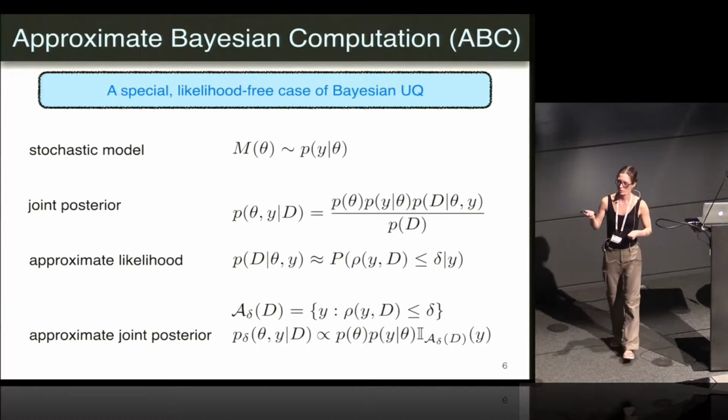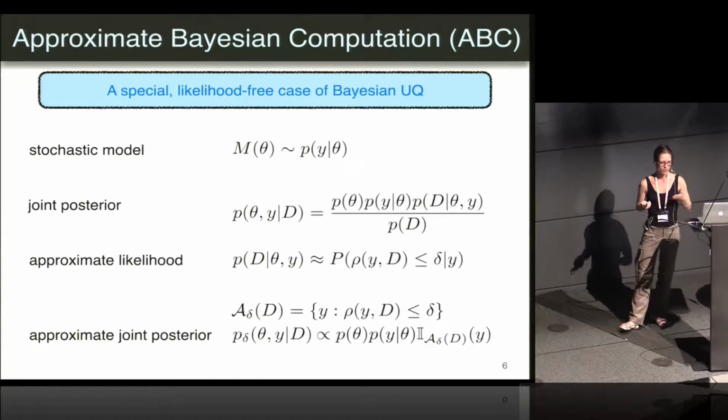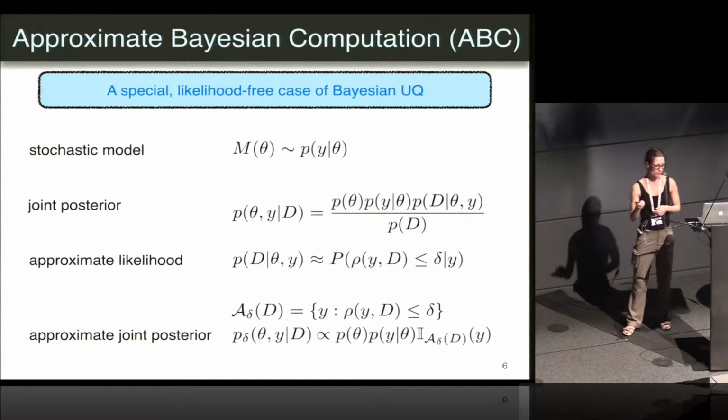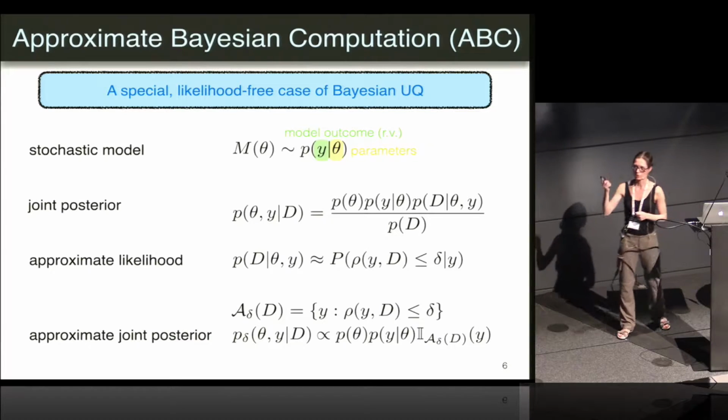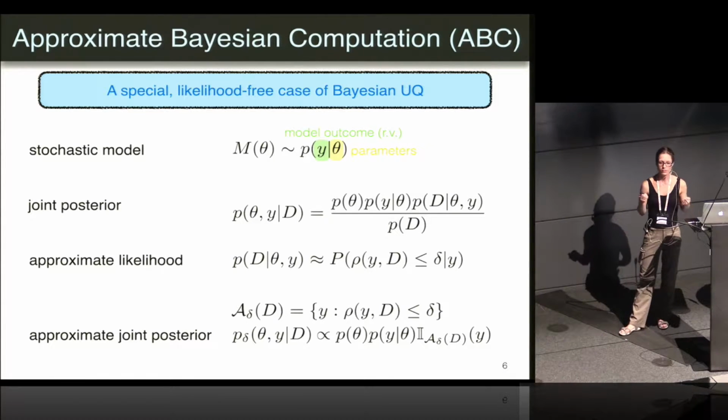So here we consider the case of the stochastic model. As I already said, that means that we get a probability distribution over the outcomes of the model given fixed parameters. So that's the first line of the slide. Then the trick here is to formulate the joint posterior, which you see on the second line.